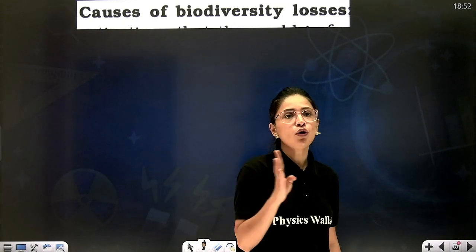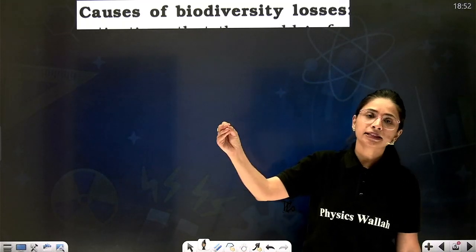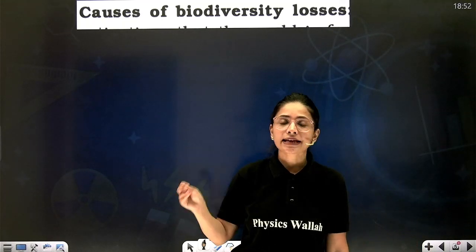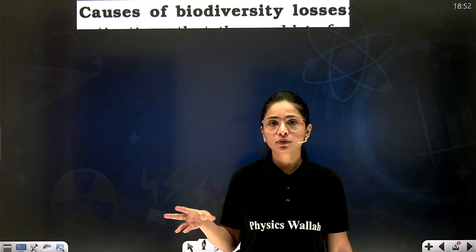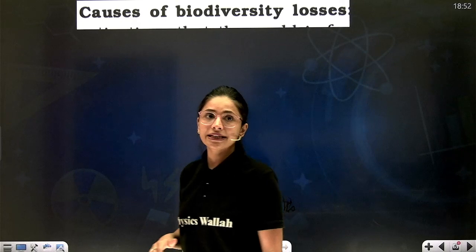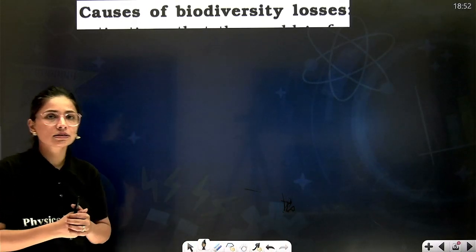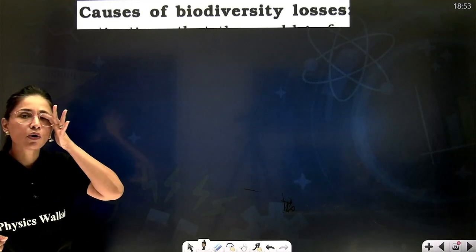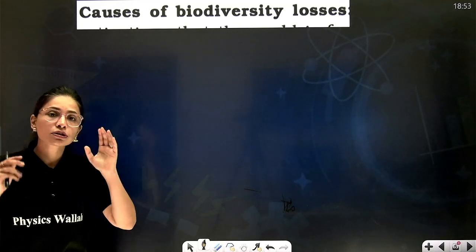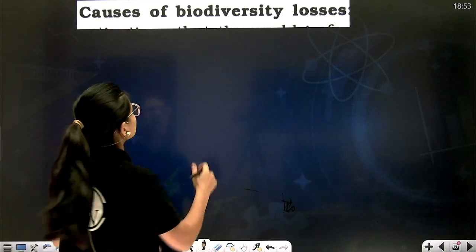Basically, there are 4 causes under the name evil quartet. That is habitat loss and fragmentation. Second is your alien species invasion. Third is your co-extinction, and there is one more. All these 4 together are the reasons which are called the evil quartet, leading to the tremendous loss of biodiversity. So let's see.